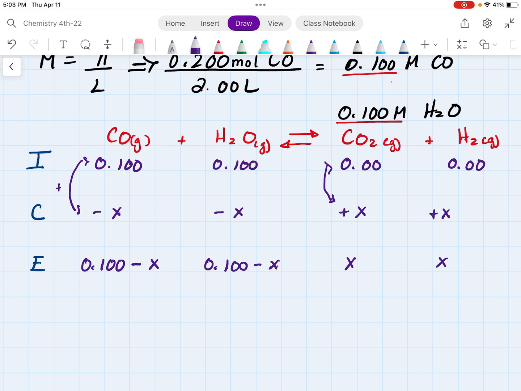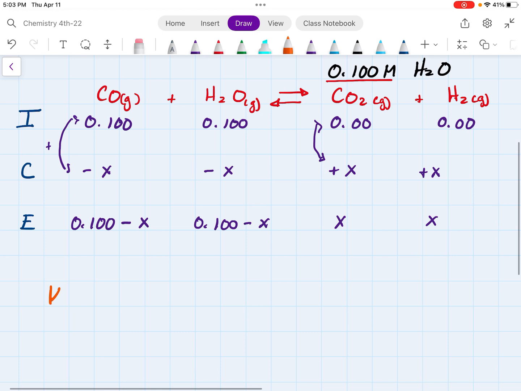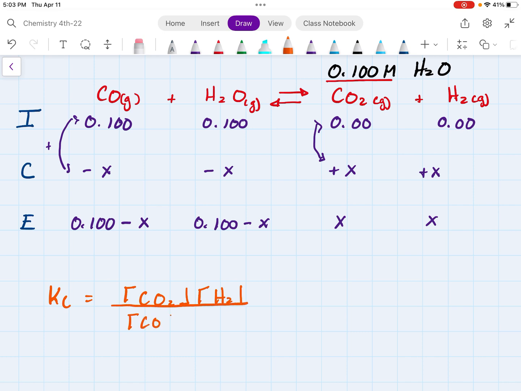So now that we have our chart, what comes next? Well, this is where we set up our mass action equation. We know that the equilibrium constant is going to be equal to the molar concentration of the products over the molar concentration of the reactants.